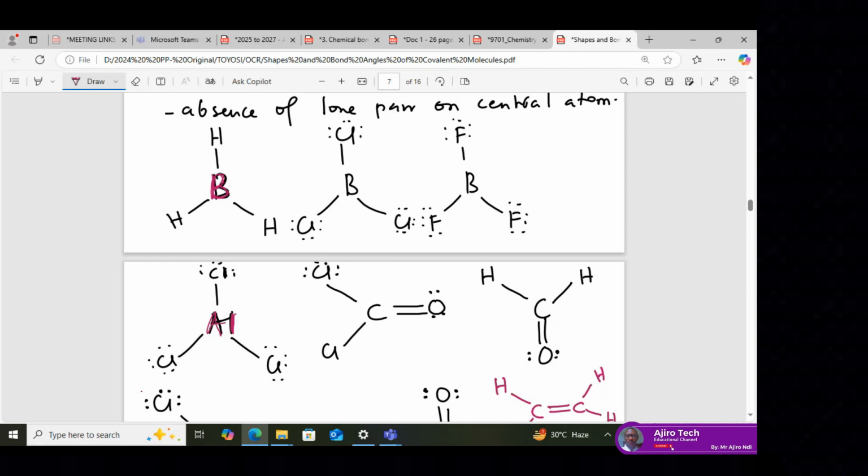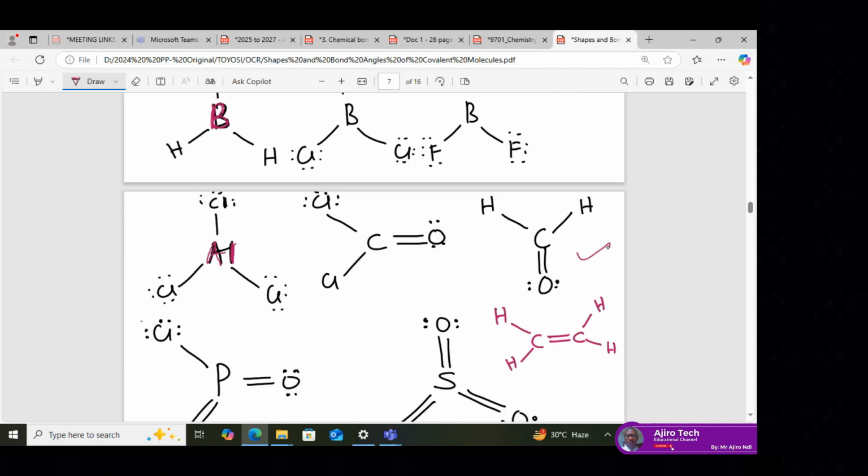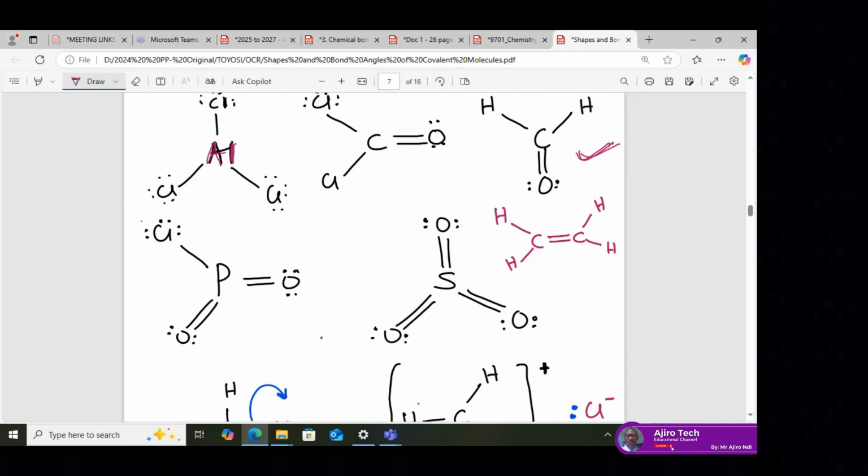Same with this one also: carbon is group 4, shares 2 with oxygen, 1 with hydrogen, 1 with hydrogen. Phosphorus is group 5. It shares 2 with oxygen, 2 with oxygen, 1 with chlorine. Sulfur is group 6: 2, 2, 2. They are all trigonal planar structures, and the bond angle is 120 degrees. Is that okay? Yes, sir.